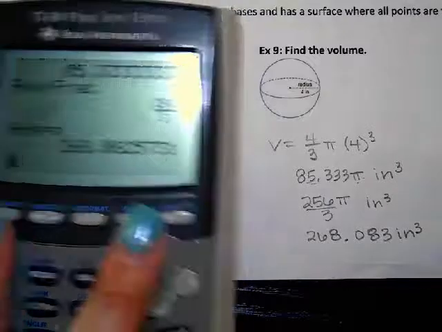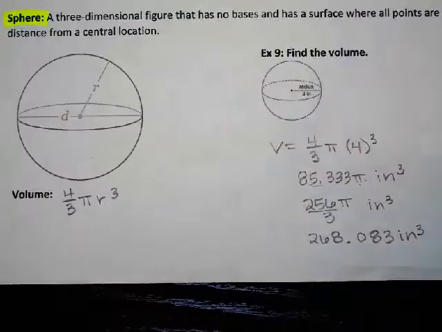Those are the different formulas that you're going to need. Either keep this set of notes out so that you can work with them, or have those formulas written down so that you have them.